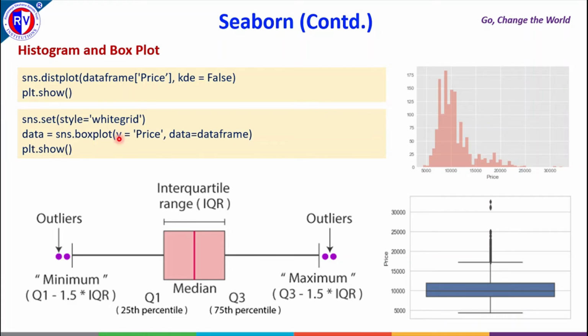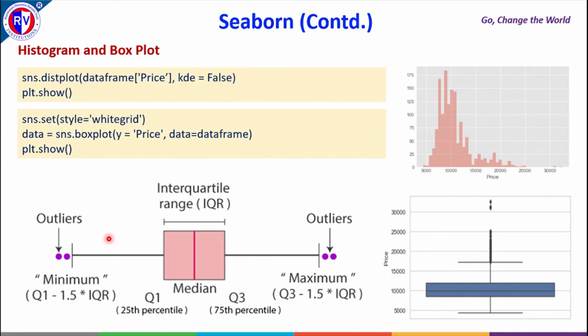Next we have one very important plot called the box plot or whisker plot. Here we have a function called boxplot, which is going to give the box plot for us. Again I am taking the price column as the data. Here it is very important to understand the box plot. We have different regions.